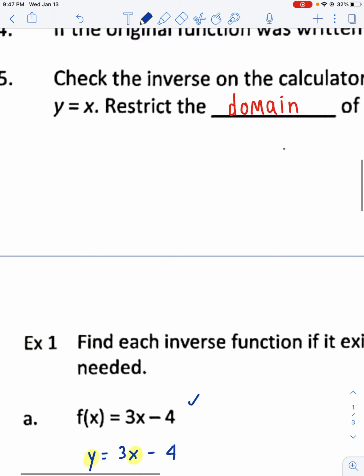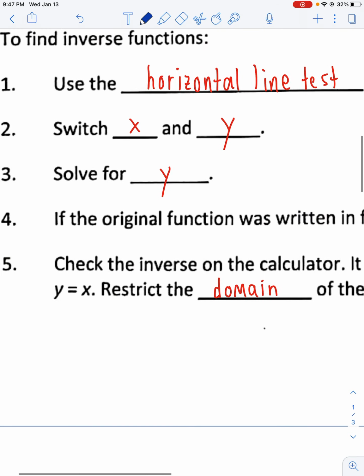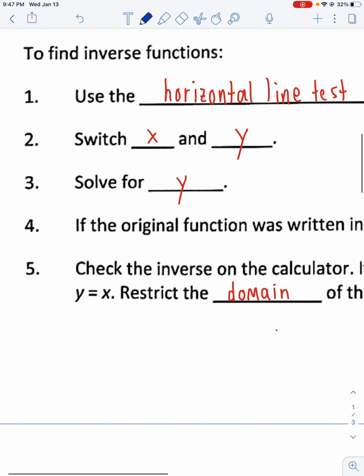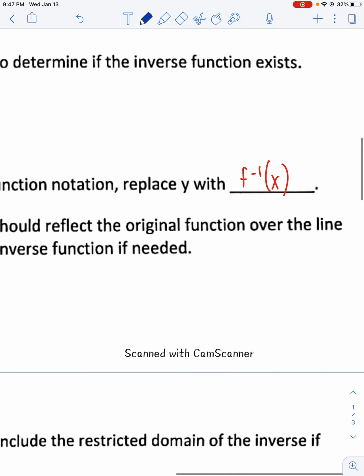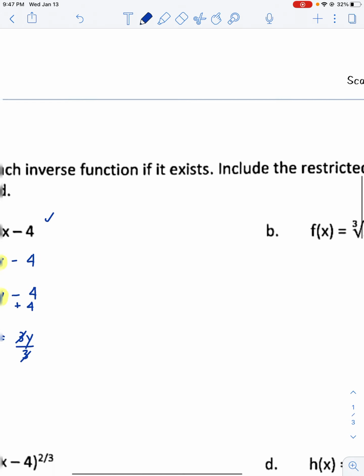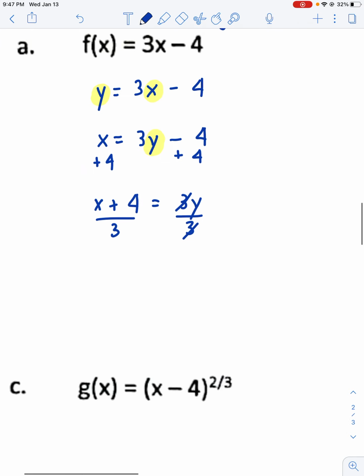So if I go back to my notes real quickly, what does it say that I do after I solve for y? It says replace y with f of negative 1 of x. So at this point, since I finally got y alone, I'm going to switch that y to f of negative 1 of x equals x plus 4 divided by 3.